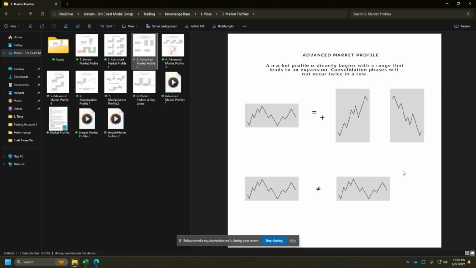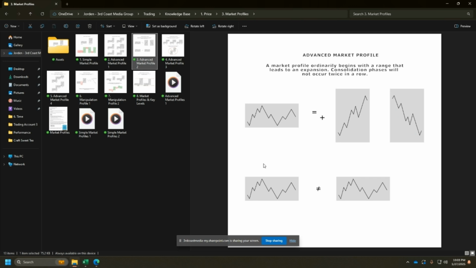So, as we said before, a market profile ordinarily begins with a range that leads to an expansion. And we've said that an expansion can either be up or down. So, from this point at the end of this range, it can either go up or down. That's what this means. This means that after a range, we can either have an expansion up, the plus, or an expansion down. That's what that means.